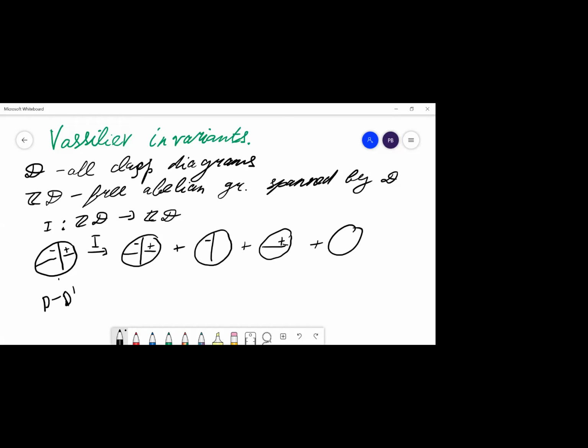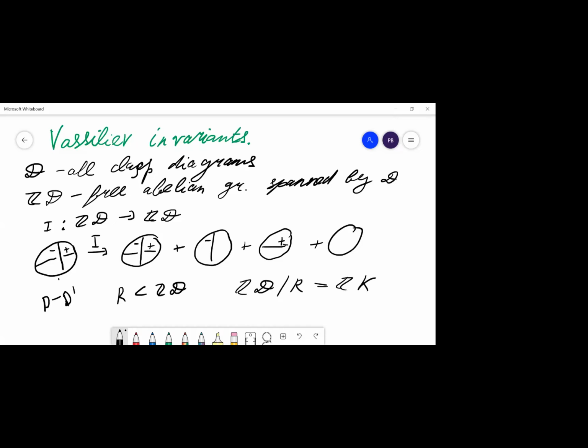And these differences will span some subgroup of ZD. And, well, if you have a subgroup, we can have a quotient of ZD by it. We will denote it by ZK.